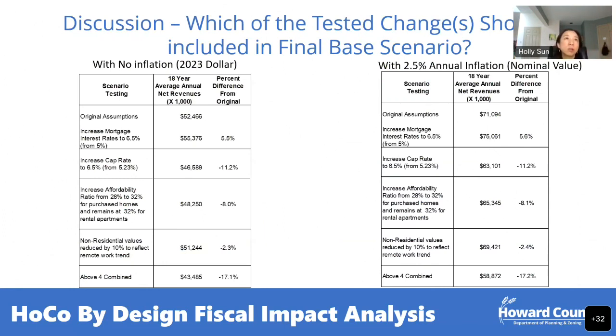So these are reasonable tests to make. The other 2, the affordability ratio and non-residential values, I would say the original model was reasonable, but these represent a more conservative approach.